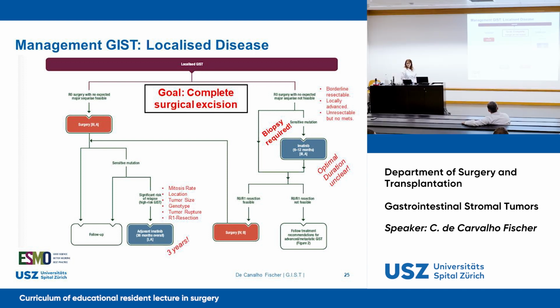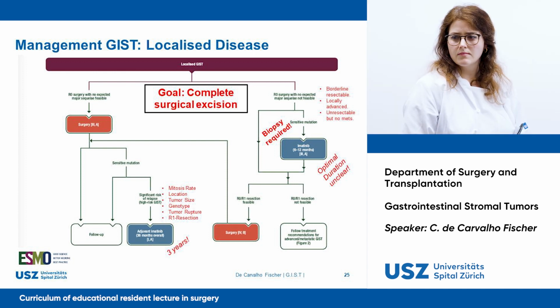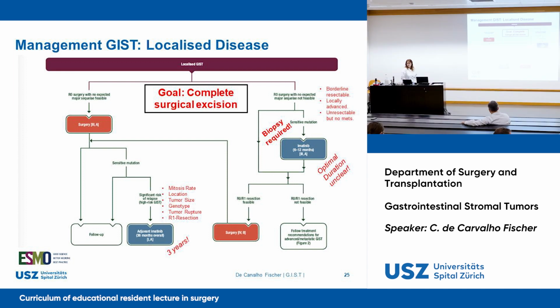And I also want to refer to the special situation in the esophagus, because in the esophagus it's an extremely rare entity, and there's a large discussion whether to perform a proper resection of the tumor-bearing segment of the esophagus, or to perform simple enucleation of the esophageal tumor, which allows us to maintain the intestinal continuity in most cases. And as those cases are so rare, it's a very difficult decision.